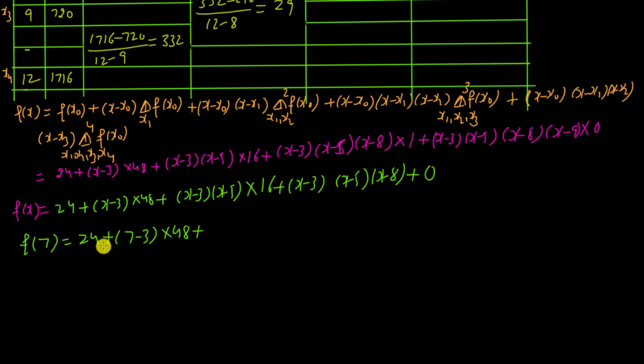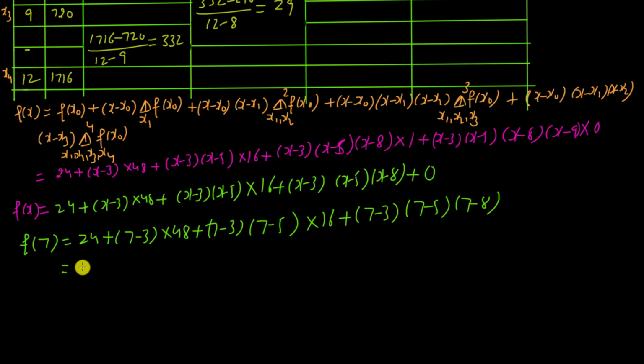So I am directly going to put the value of x as 7. So it will be 7 minus 3, 7 minus 5 into 16. It will be 7 minus 3, 7 minus 5, 7 minus 8. This will be 24 and it will be 4 into 48 plus 4 into 2 into 16, plus 4 into 2 into minus 1.